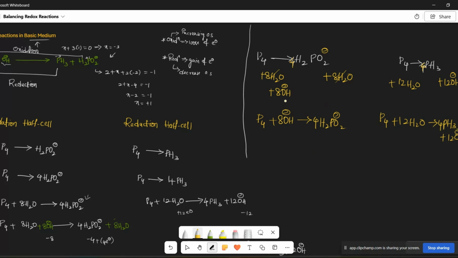Also you can check the electrons: minus 8 plus 4 is minus 4, so you need to add 4 electrons over here. And on the right side there are 12 electrons, so 12 electrons you need to add over here. Then you can just solve these two equations. Just make the electrons equal and simply add it up.